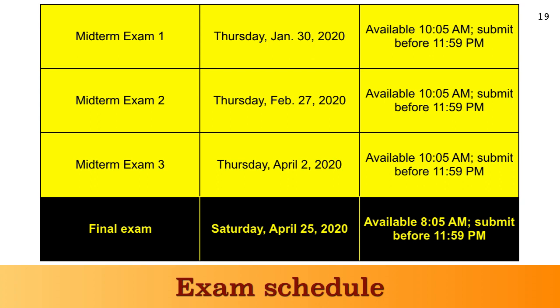All right, and I don't know how you expect to pass, but you've just got to do it. All right, now the final exam, it cannot be dropped. That's one everybody has to take. That's mandatory. All right, it's also cumulative. Now I'll give you a little more time on that one. It starts on the Saturday of finals week, so that's usually what they call a university free period. So we start at 8:05 a.m. for availability, and then again you have to submit it before 11:59 p.m. Right?